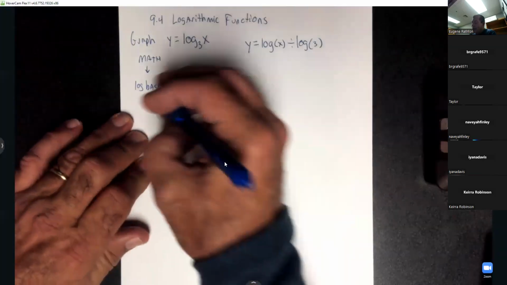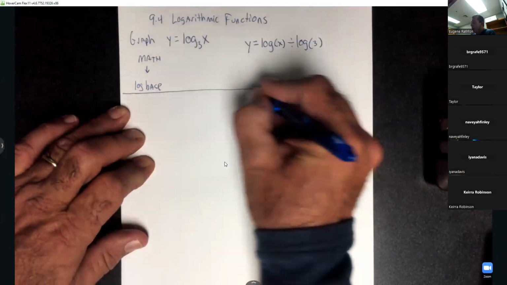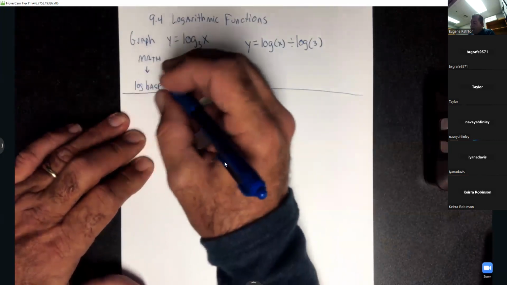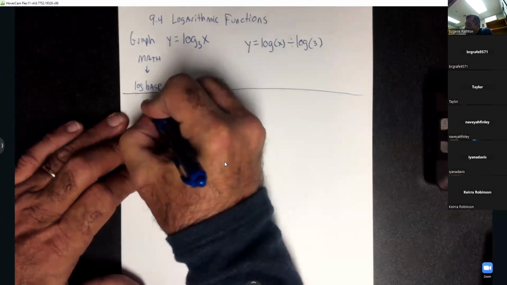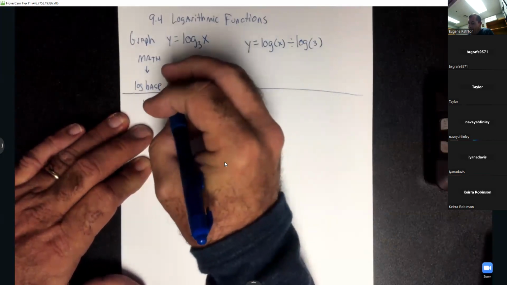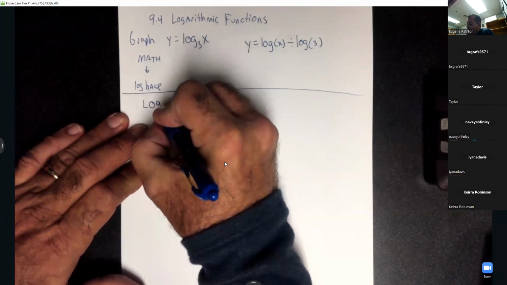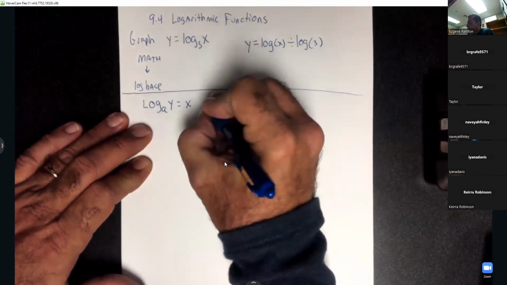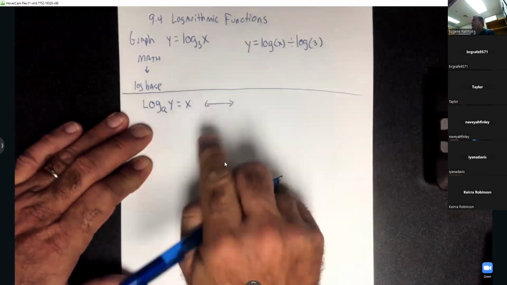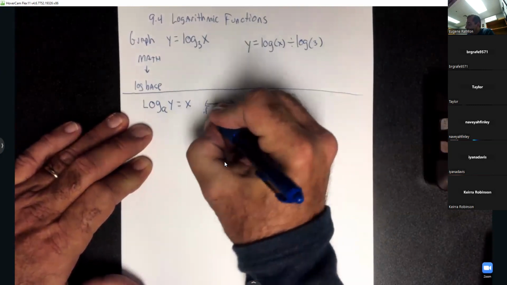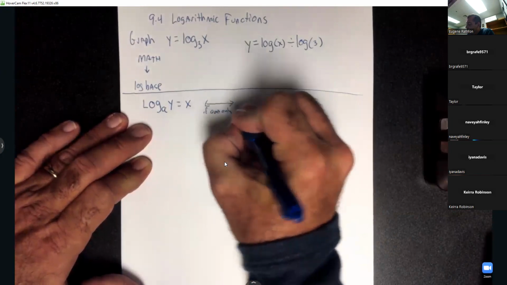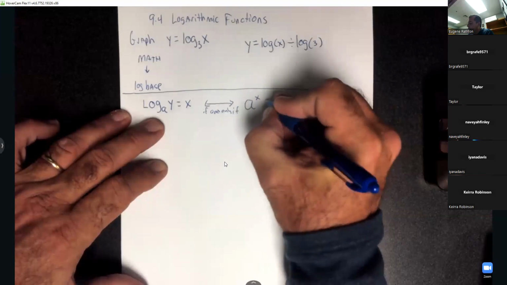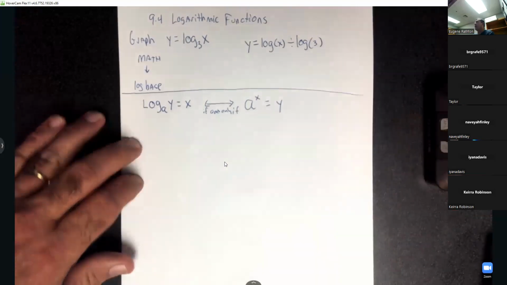So now let me actually get into explaining what these logs are. We got this property that says log base a of y equals x if and only if, so this arrow means if and only if, a to the x equals y.